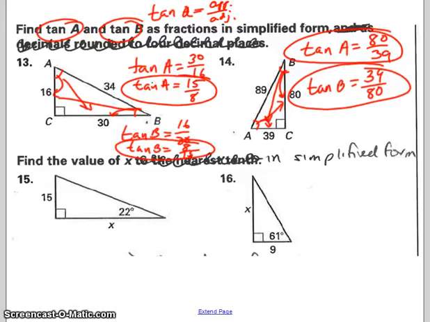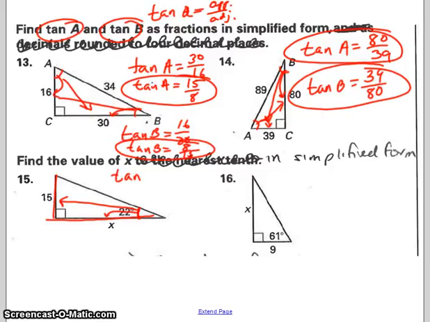Number 15 and 16, find the value of x in simplified form. We have the angle measurement and one side, and we have to find the other leg. From the angle measurement we know the opposite and adjacent, so the ratio we would use is tan.